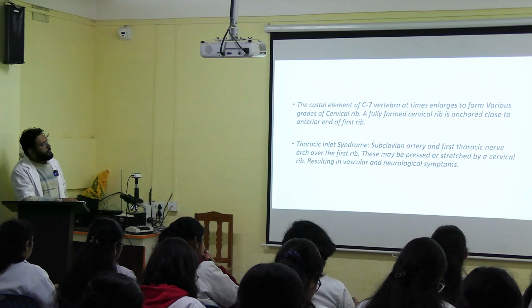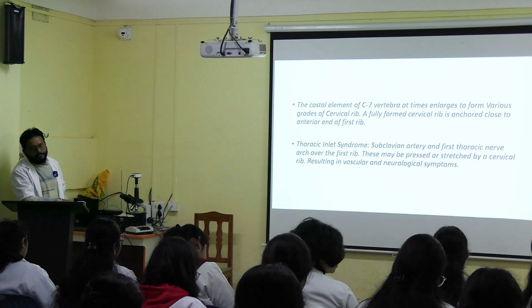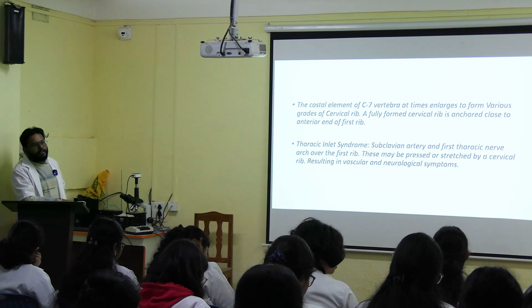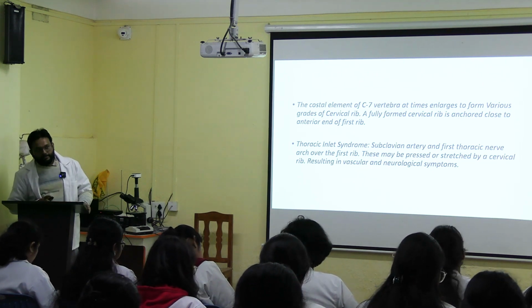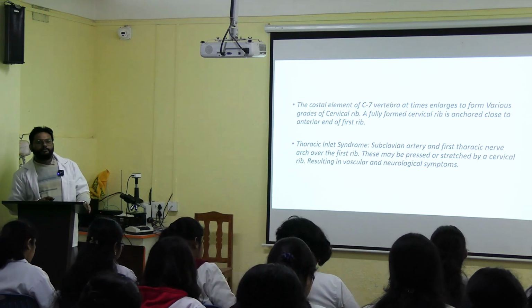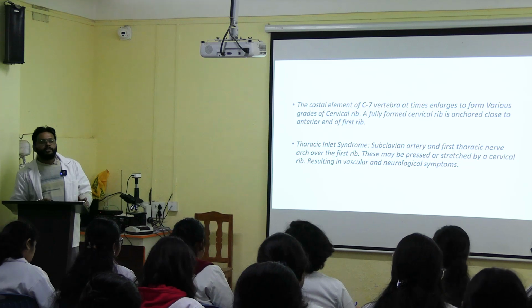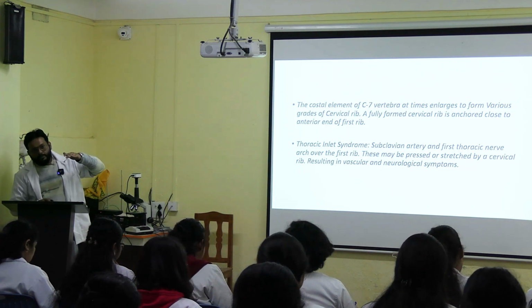A fully formed cervical rib is anchored close to the anterior end of the first rib. So whenever there is this anomaly, there is a cervical rib. This is a bony extension. What will it do? It will put pressure on or stretch all the structures present on the rib, right? What are those?